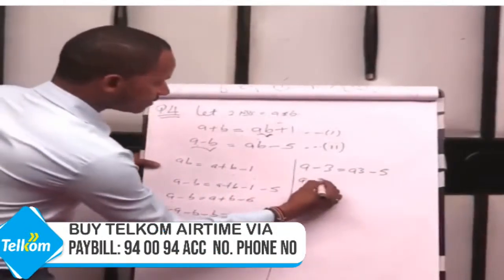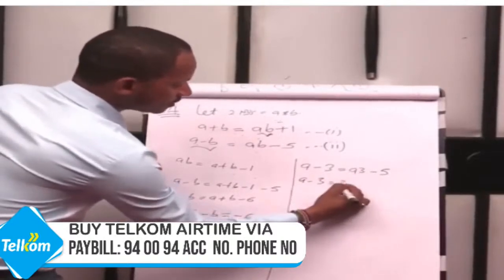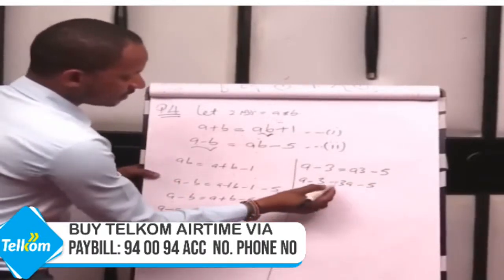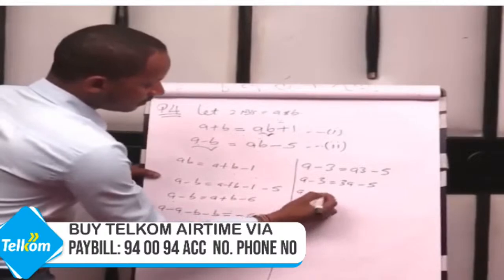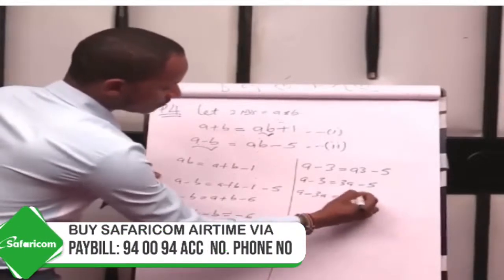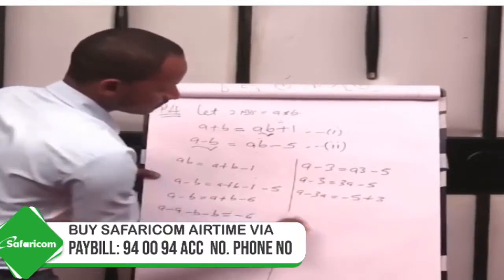So A minus 3 equals A times 3, which is 3A, minus 5. You rearrange, then collect like terms again. Take 3A to this side, it becomes minus 3A equals minus 5, take 3 to the other side, it becomes plus 3.